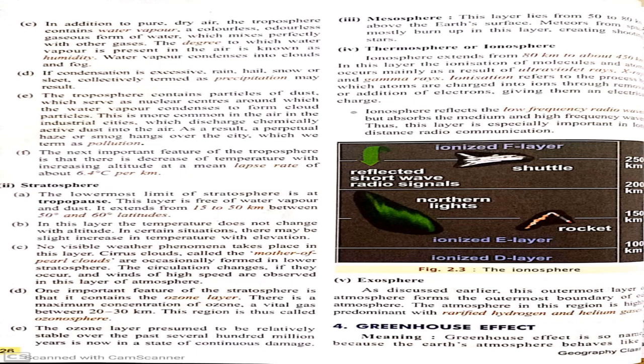The next one is ionosphere, also known as thermosphere. Now this thermosphere or ionosphere extends from 80 kilometer to about 450 kilometer. Mainly ionosphere reflects the low frequency radio waves and absorbs the medium and high frequency waves.